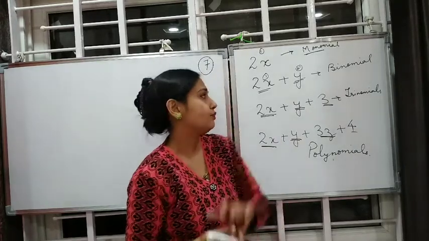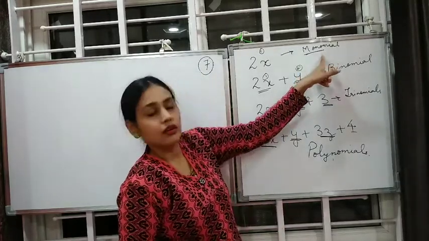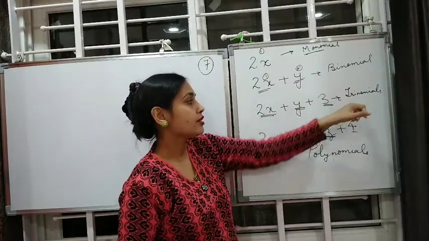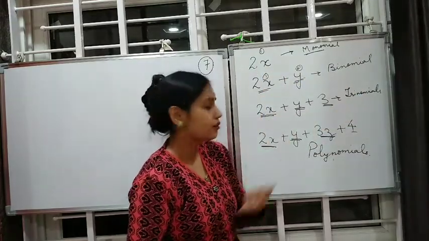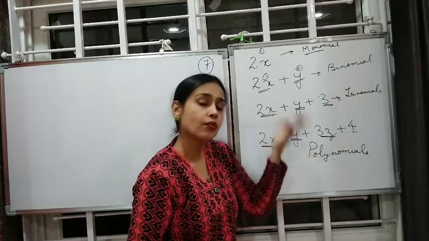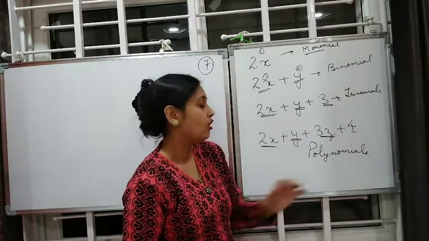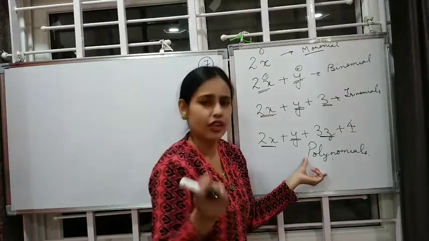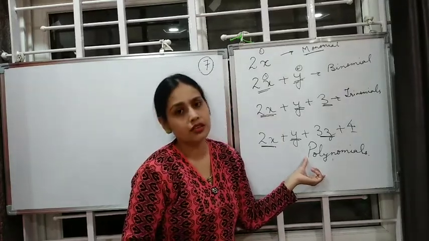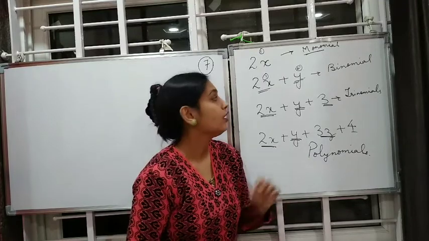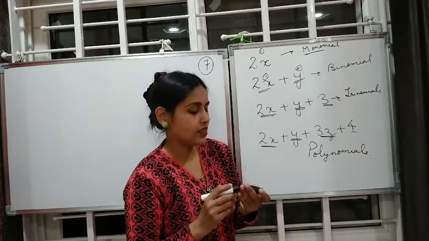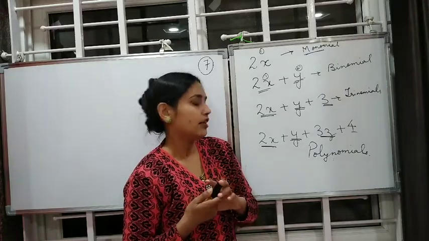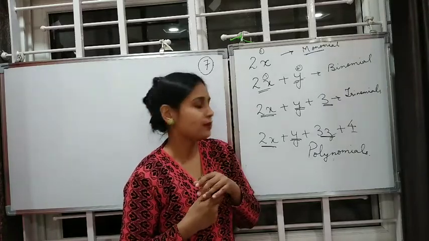Okay. So, monomial, 1 term, binomial, 2 terms, trinomial, 3 terms, more than 3 terms, or monomial, binomial, trinomial all together are, in general, known as polynomials. So this completes the small concept of algebraic expressions.